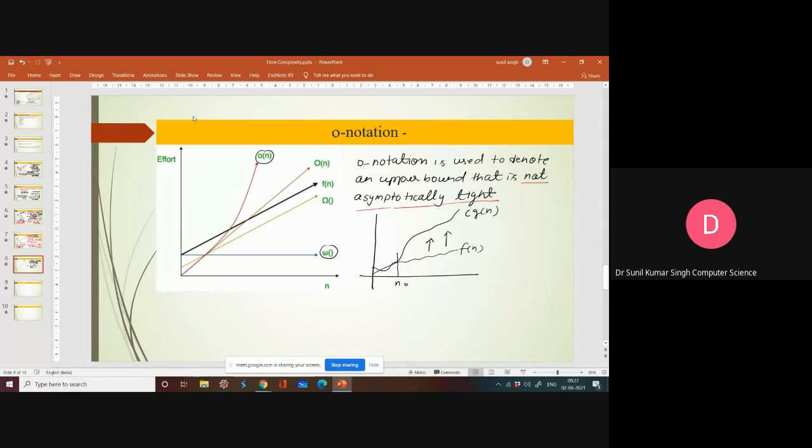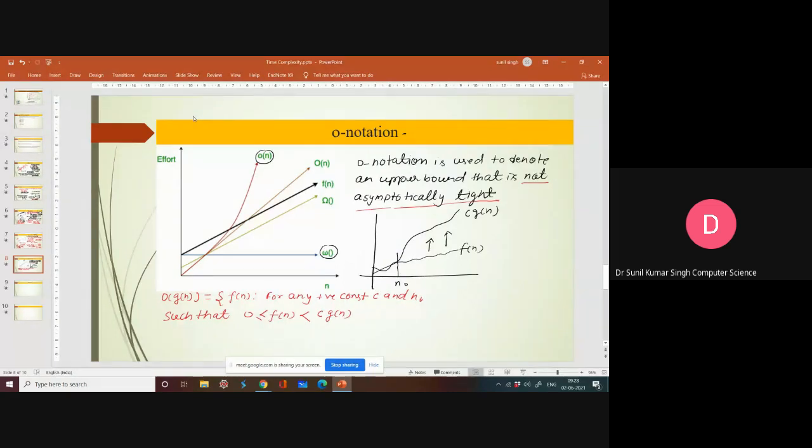Now, if we are going to define it with the help of some conditions, small o of g(n) can be equal to f(n) for any positive constants c and n naught, such that f(n) is greater than or equal to 0, and here we'll have the strict inequality c g(n).